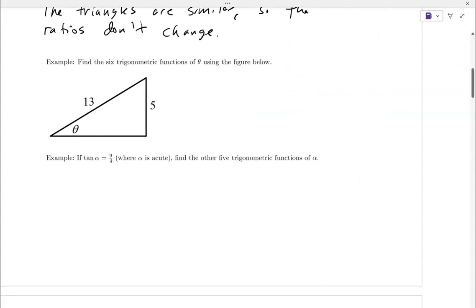So let's see if we can answer some questions using these definitions. So I have a right triangle. I didn't mark it because I was lazy when I drew the pictures, but in this section, everything we have is a right triangle. This right angle is going to be here.